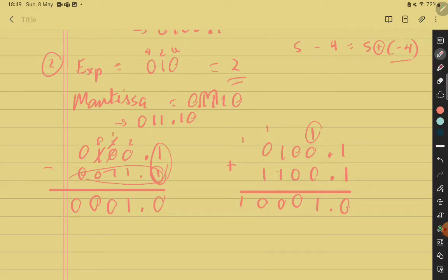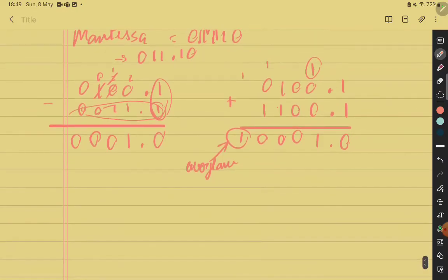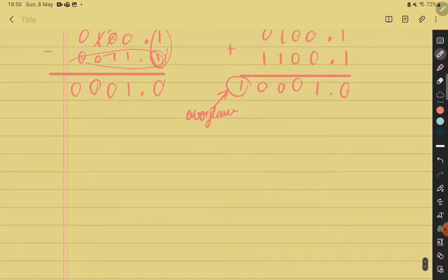And that becomes an overflow bit, which we ignore, because we only have this format. So the answer given is 0001.0. See how in both ways they're the same?